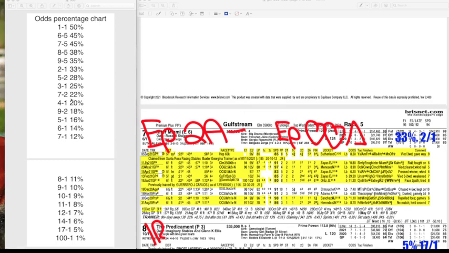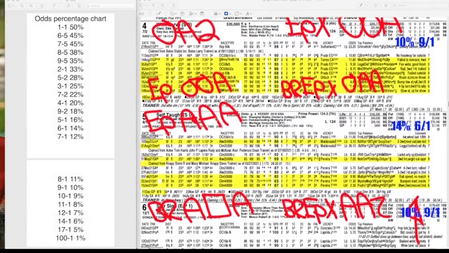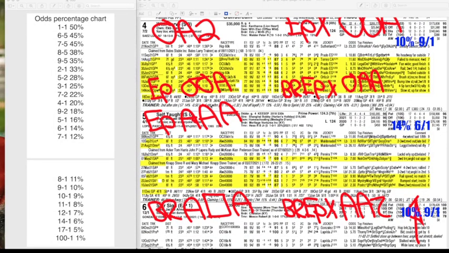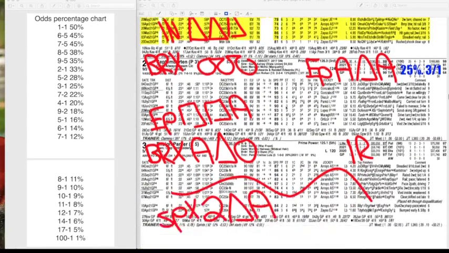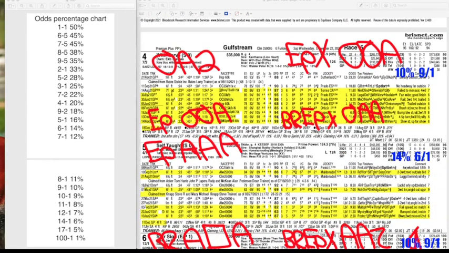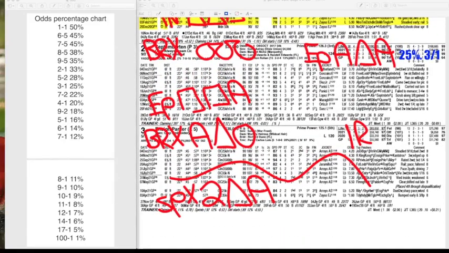And 33% correlates to 2-1. So I got that, and I'm still looking at it, and the order that I like the horses is the 2, the 1, and the 5. That's the order I like the whole race.